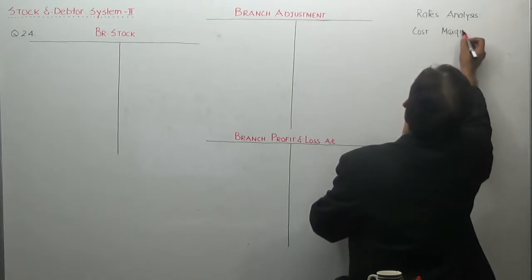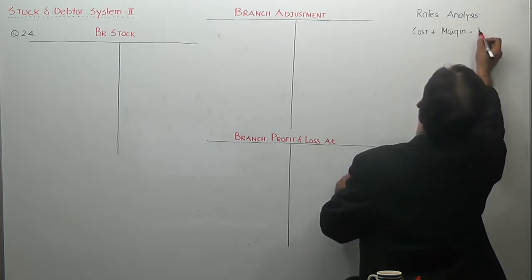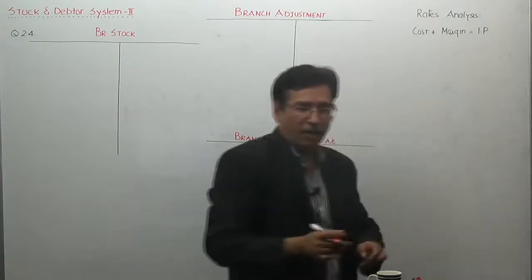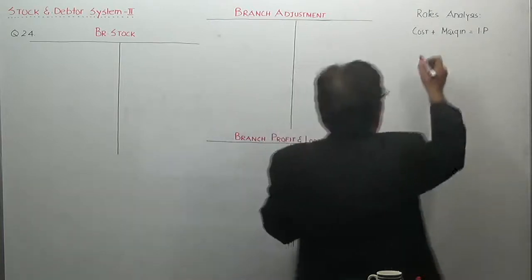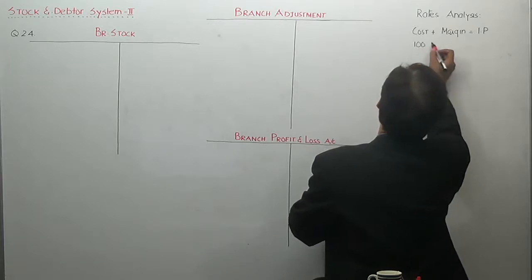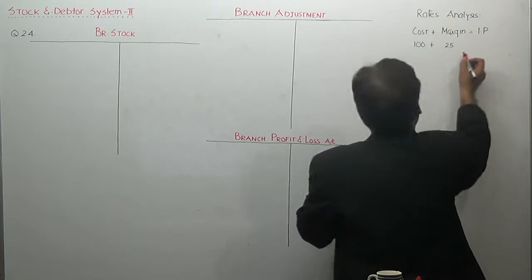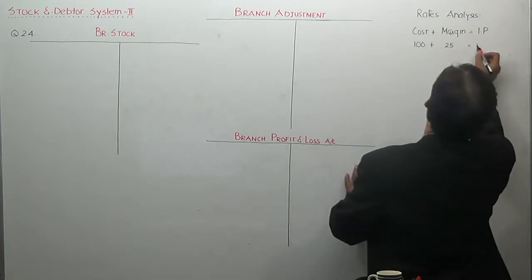So first of all, you write cost plus margin is equal to invoice price. You must remember that invoice price and selling price are one and the same thing. Since the rate is given on cost, we shall presume cost to be 100, margin will be 25 and invoice price is 125.